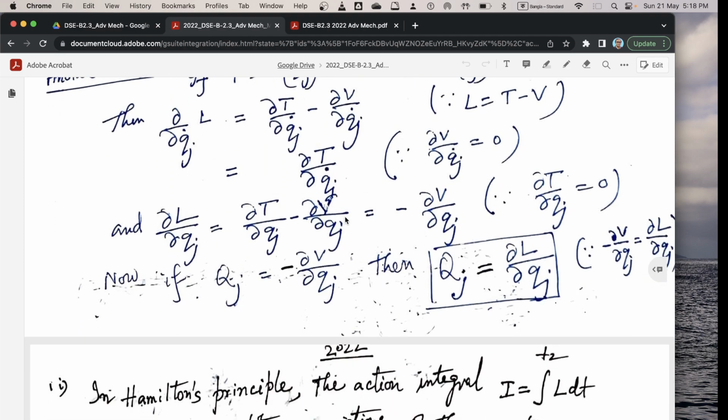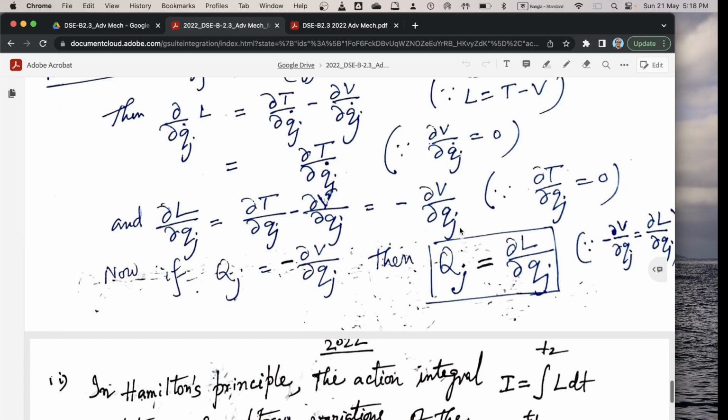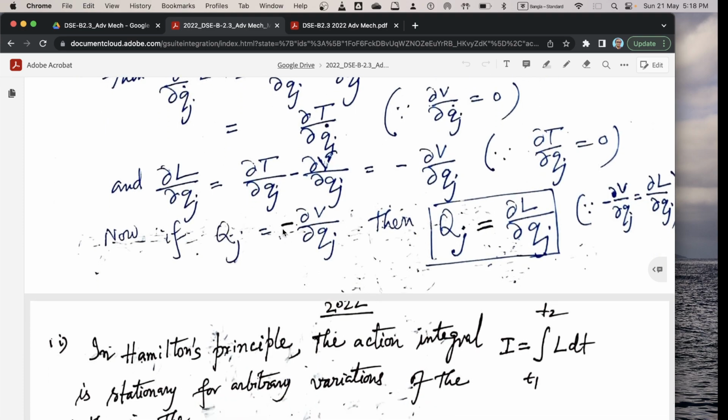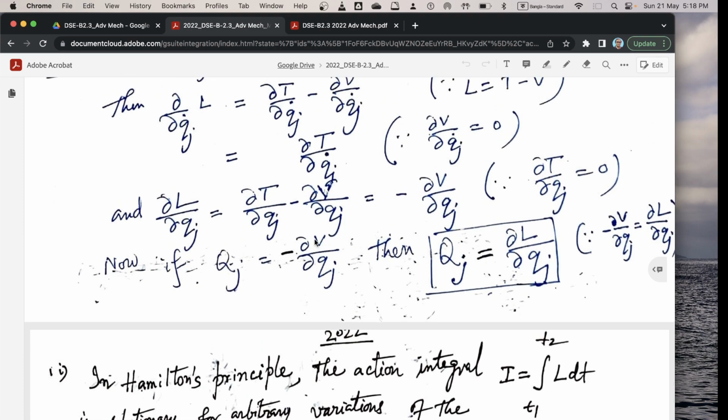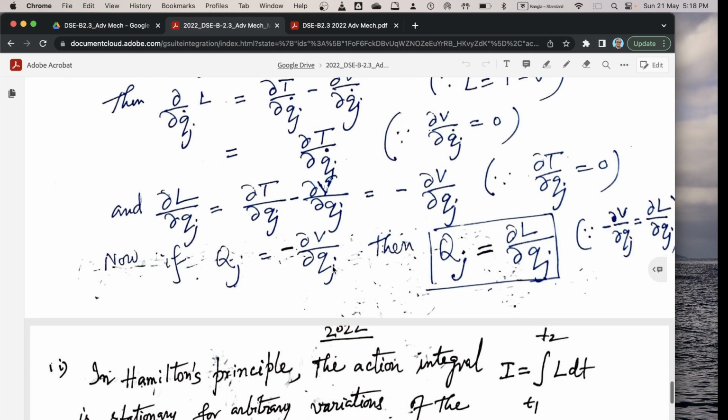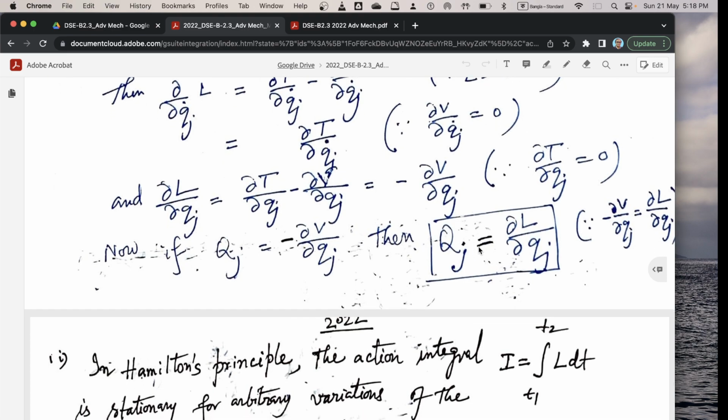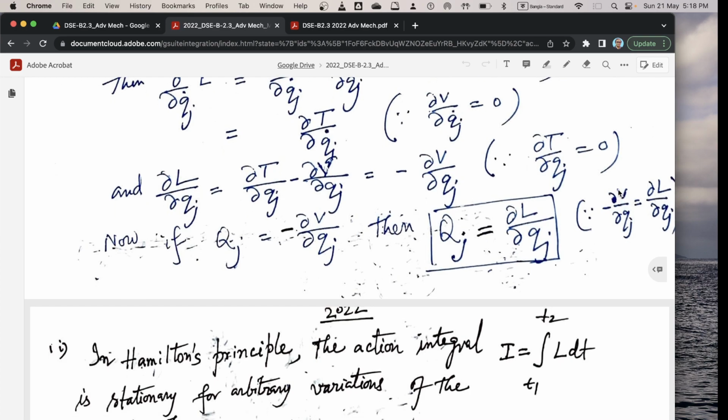So del L by del Qj equals minus del V by del Qj. Now, if capital Qj equals minus del V by del Qj, then capital Qj equals del L by del Qj.